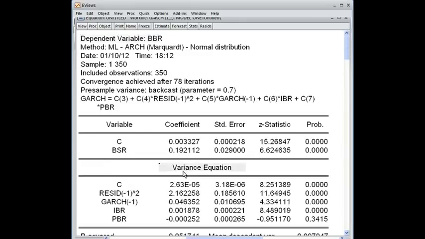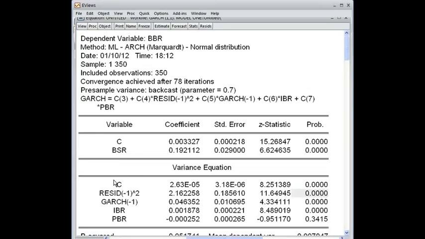Okay, now we check which terms in the variance equation are significant. First I talk about this one, RESID(-1)^2, which means E square t minus 1, meaning the ARCH term. You can see the p-value is 0, meaning that the ARCH term is significant.